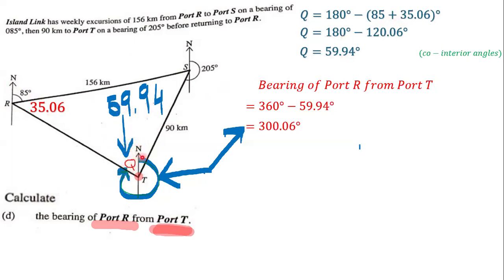But we know that altogether this is 360 degrees. So if we take away 59.94 from 360, we would be left with just the bearing. And so that's how we got the bearing. We take 360 minus 59.94, and that gives us 300.06 degrees, correct to two decimal places. And so that's going to be our answer to this question.